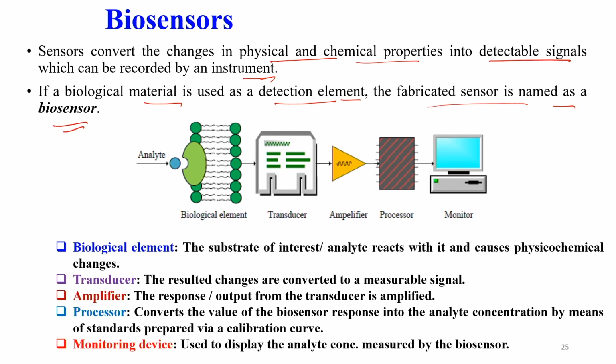So, what are the components of a sensor or biosensor? There is a biological element, which goes to the transducer. Transducer means the results are converted to a measurable signal. Then the amplifier amplifies the output of the transducer, then it goes to the processor. This converts the value of the biosensor response into analyte concentration by means of standards prepared by a calibration curve. Then monitoring, that is a display device.